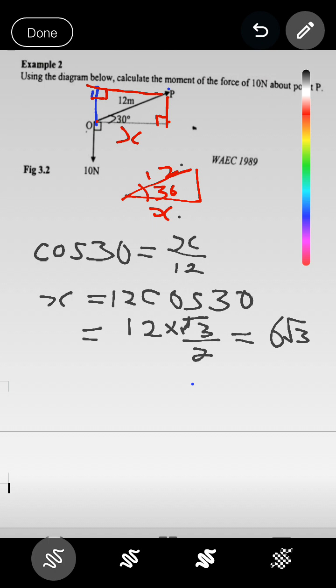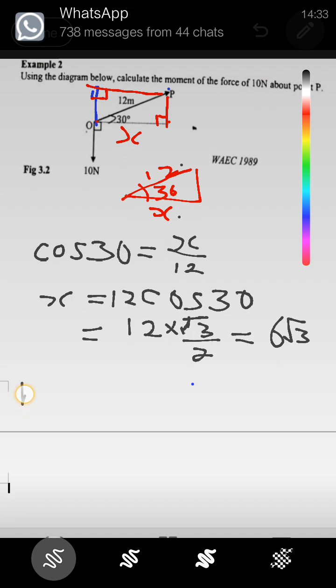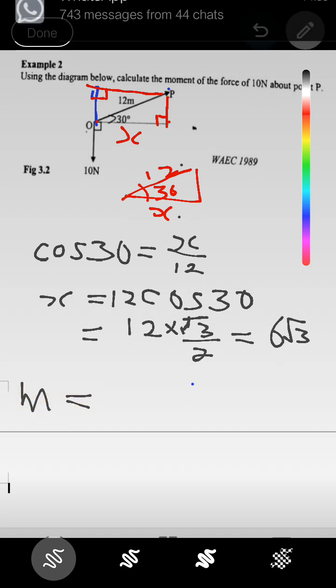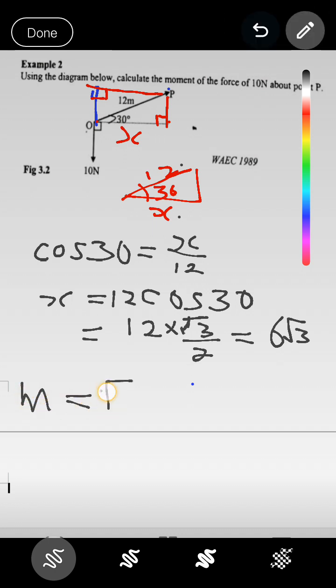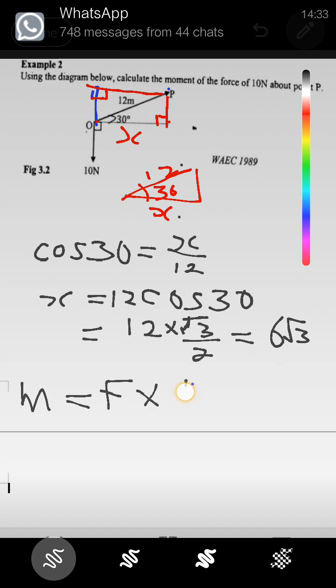And now the moment is equal to force times perpendicular distance.